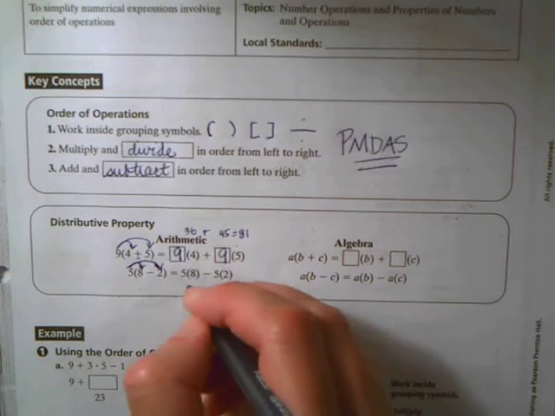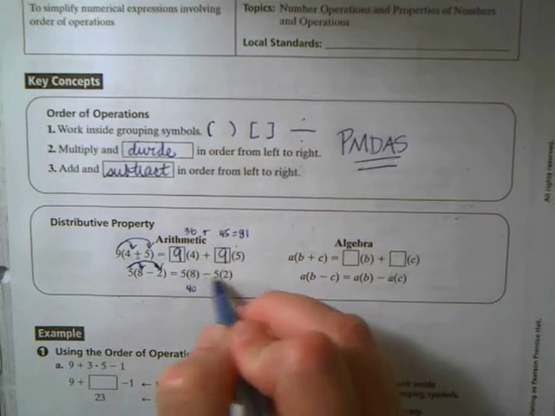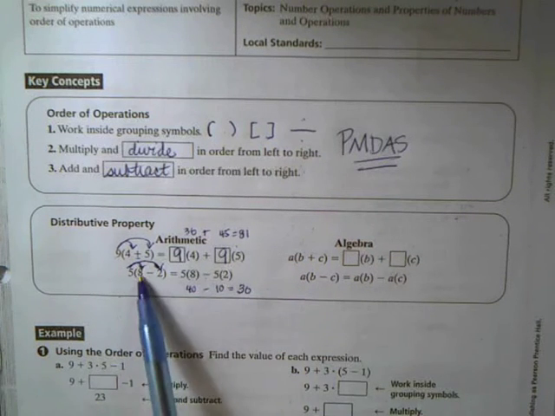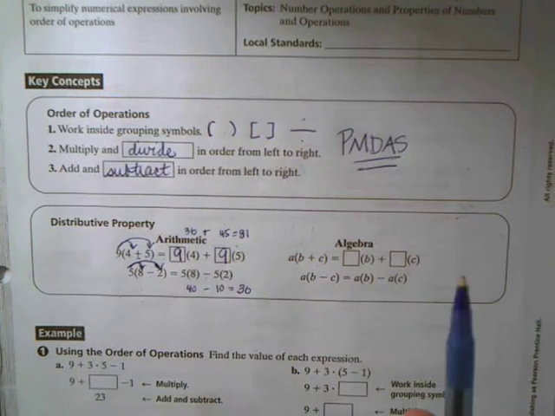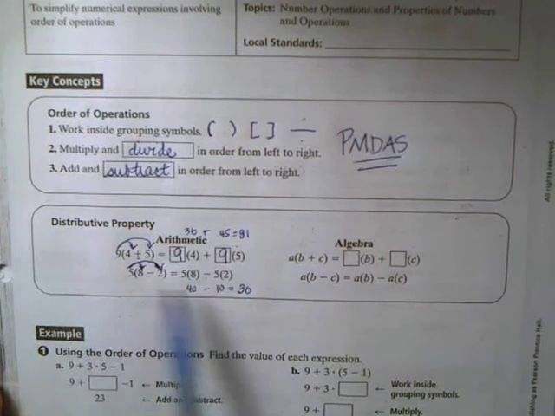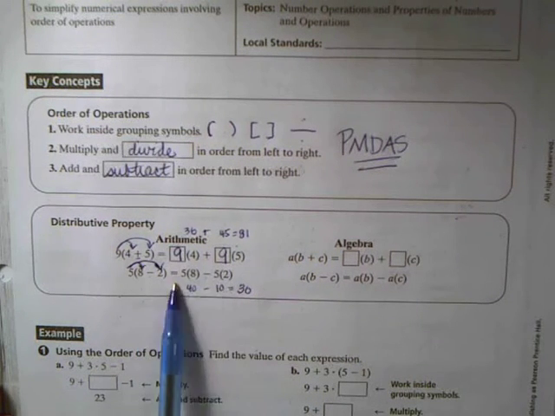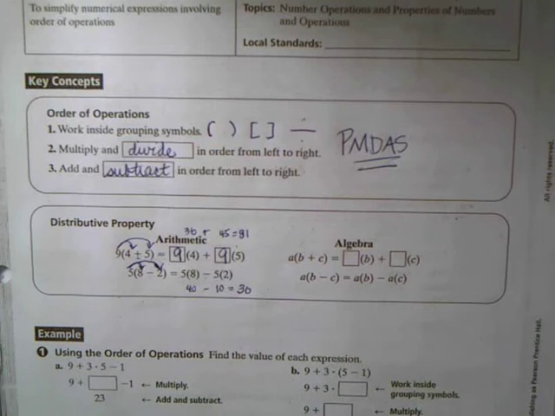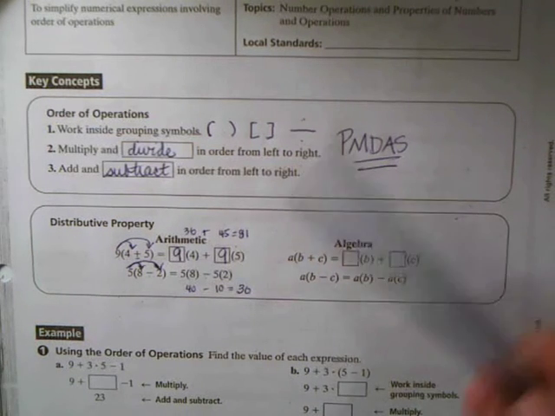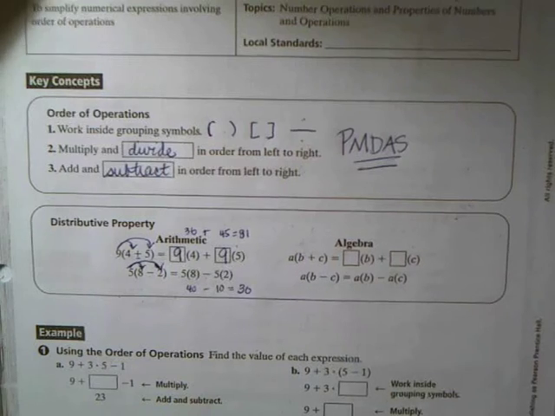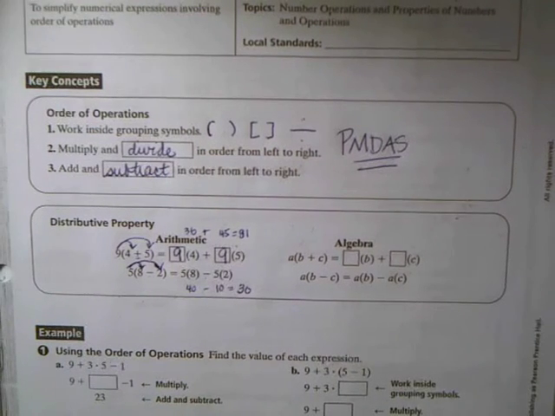So 5 times 8 is 40, minus 5 times 2, and 5 times 2 is 10. That gives me 30. Here, 8 minus 2 is 6, 6 times 5 is 30. Again, going from this to this, or even backwards, would be an application of the distributive property. We will practice with that a little bit more as well. Remember, this is introductory, so you have an idea of what's going to be going on in class.